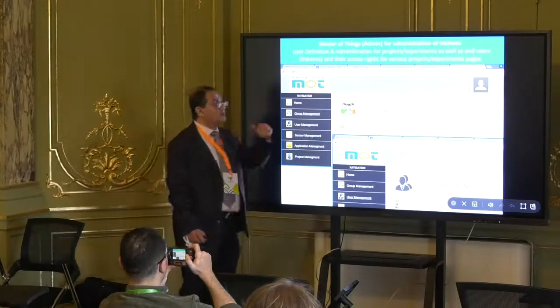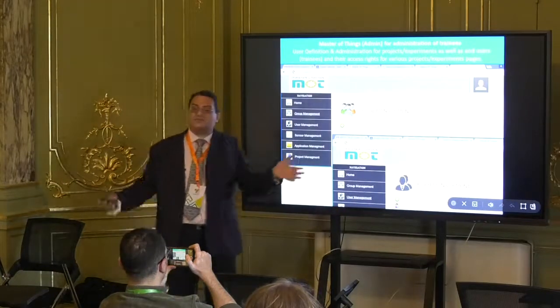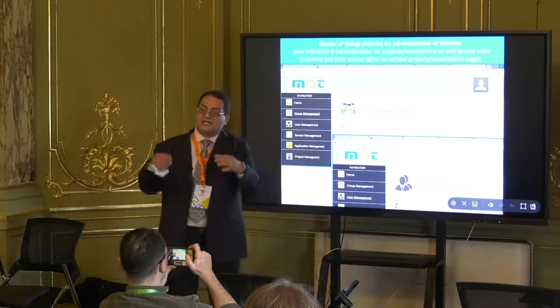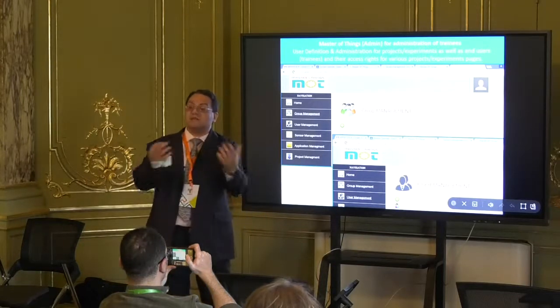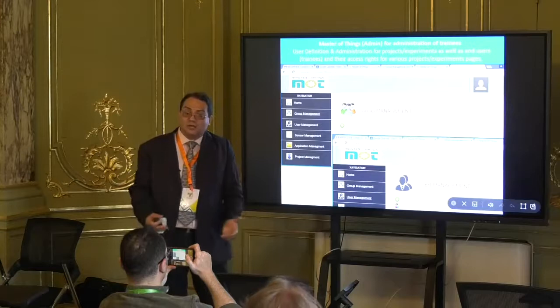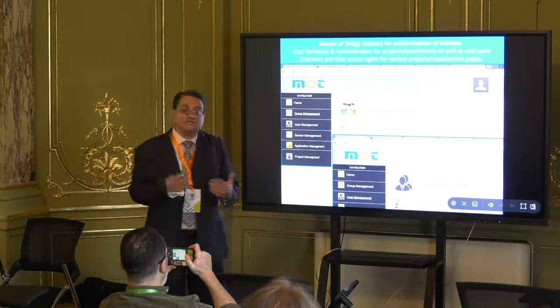The platform comes with an administration interface for the person sitting in the lab to administrate the capabilities of the people working with this lab, working with these devices.